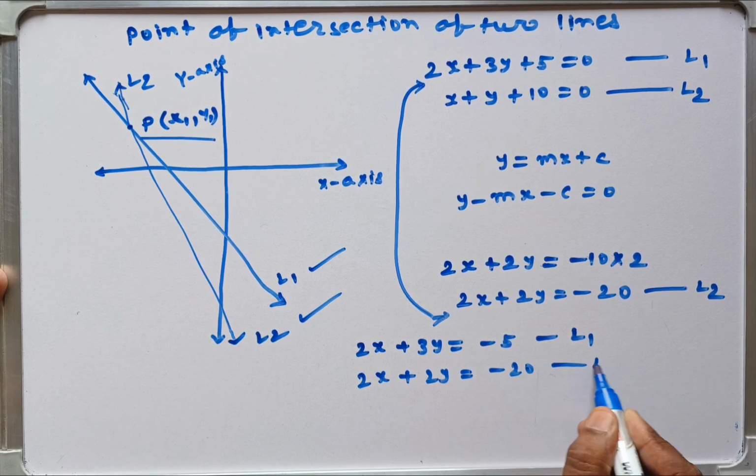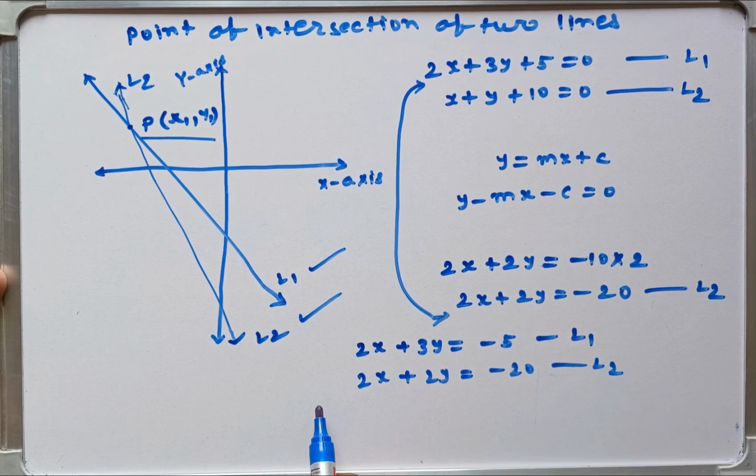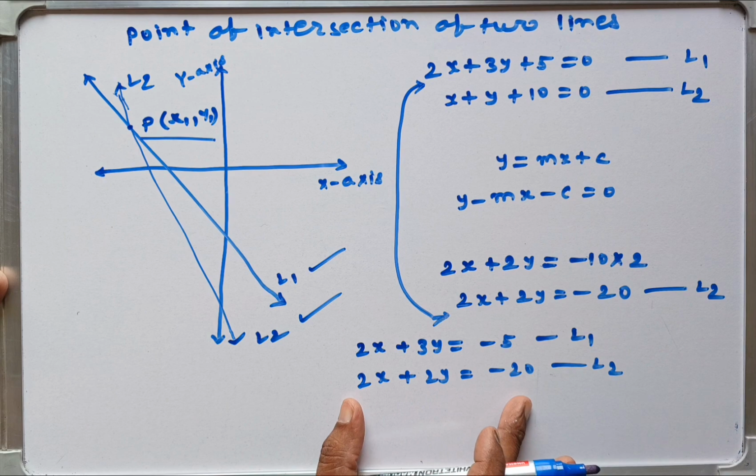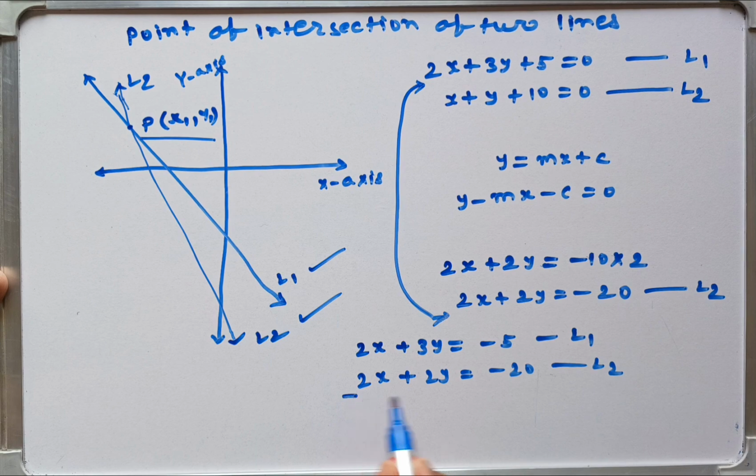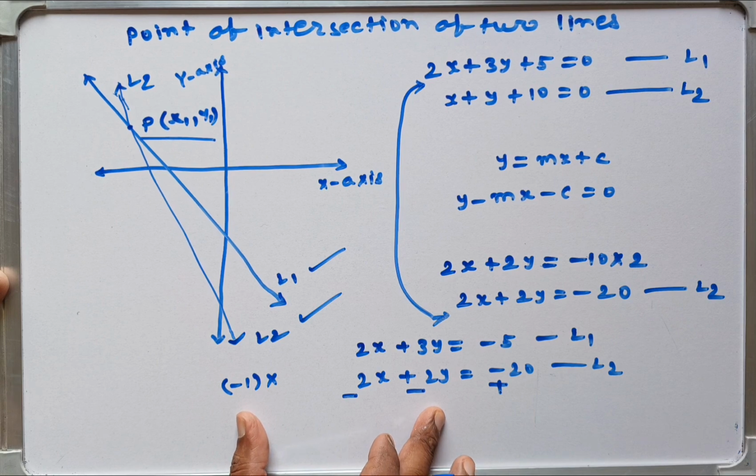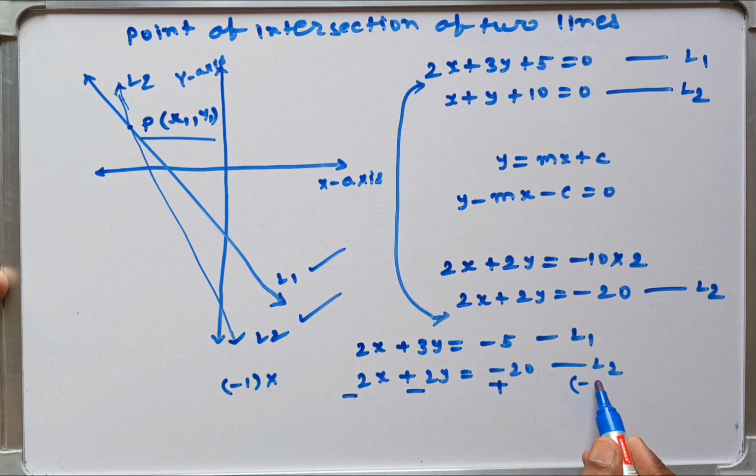Now if we want to take the difference between these two lines, then multiply this equation by minus 1. So this becomes minus, this becomes minus, or this becomes plus. What I am actually doing is multiplying both sides, the left side of this equation by minus 1, and this one also by minus 1.